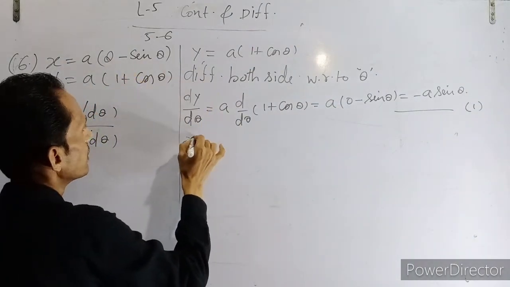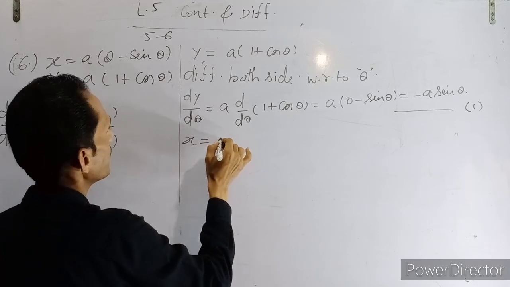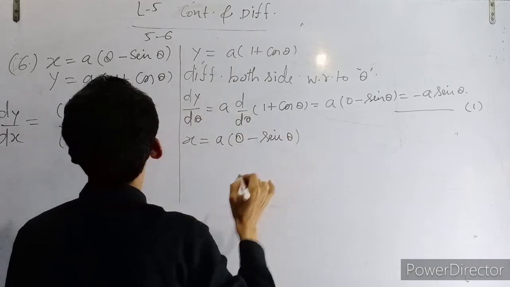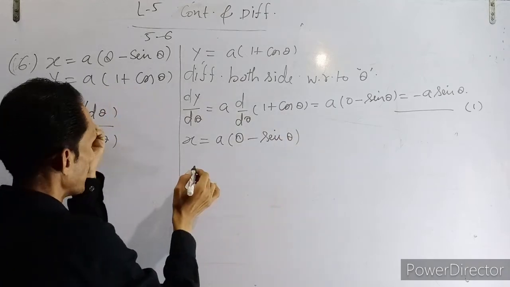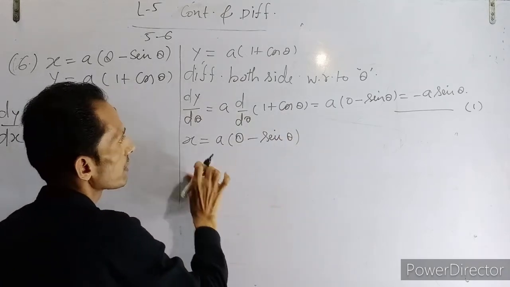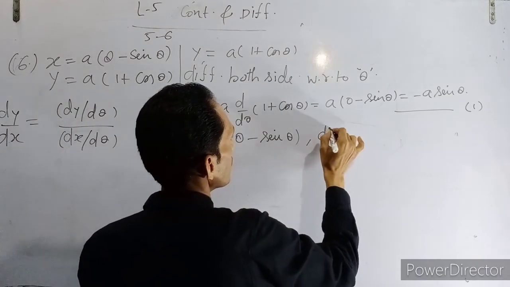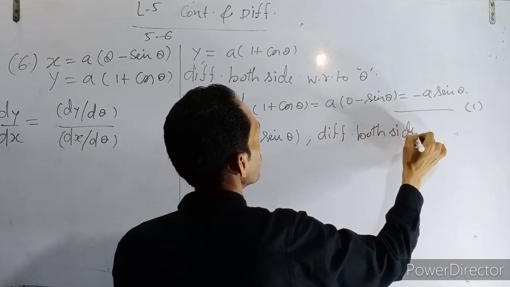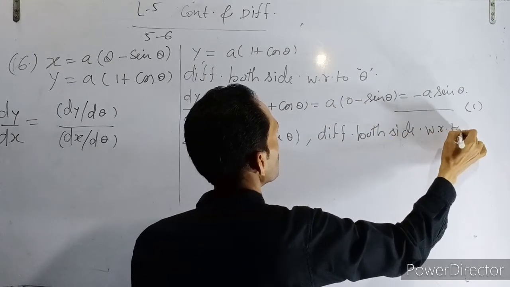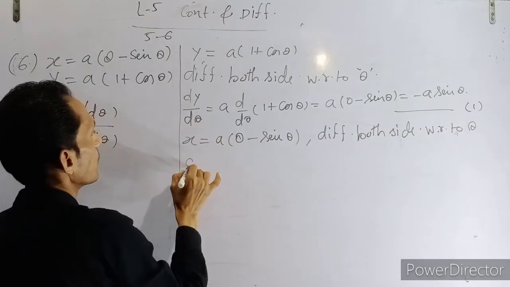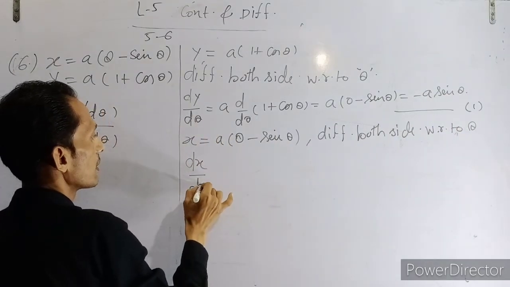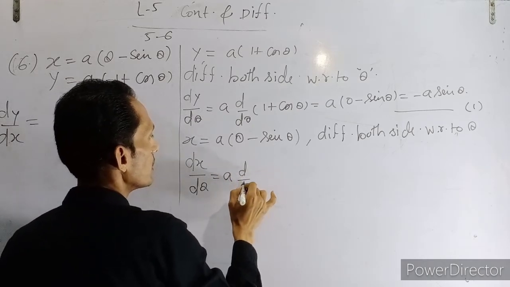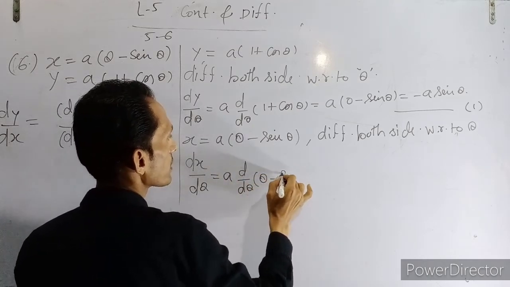What is given? x equals a into theta minus sin theta. How can we find dx by d theta? Differentiate both sides with respect to theta. So dx upon d theta: a is the constant, and now d by d theta of theta minus sin theta.